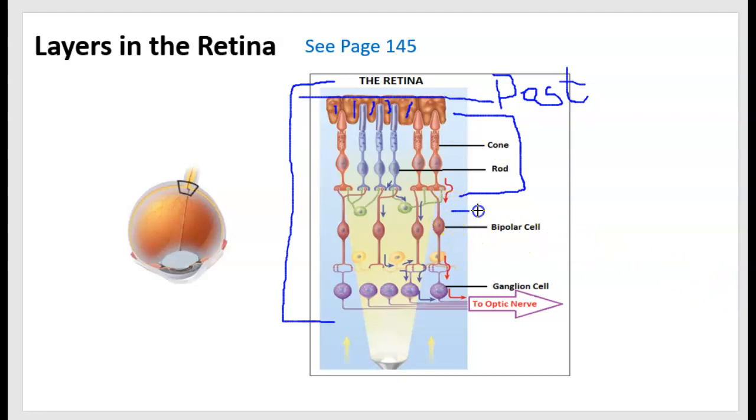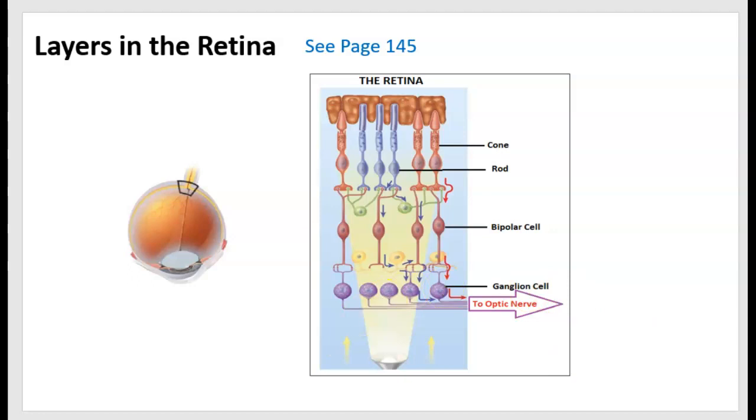Then we have a layer of cells called bipolar cells. And then towards the anterior, or more superficial if you will, we have the ganglion cells. It's these ganglion cells that have axons that will travel to the optic nerve.